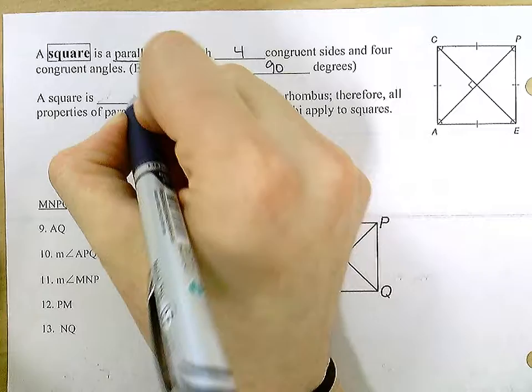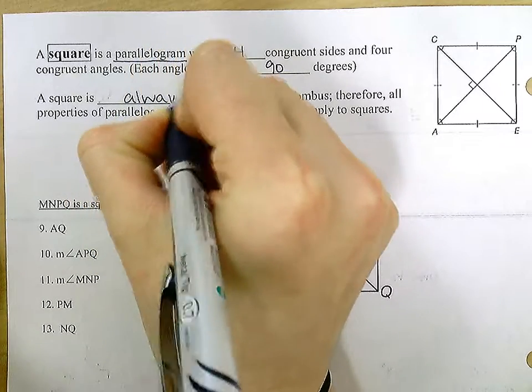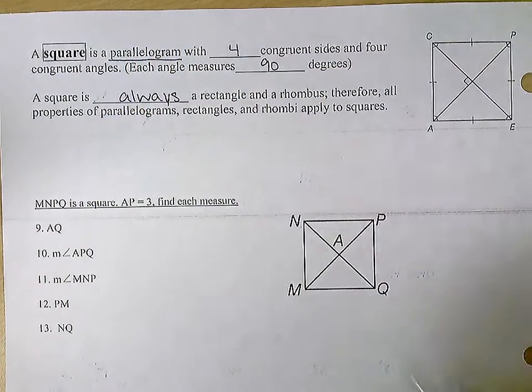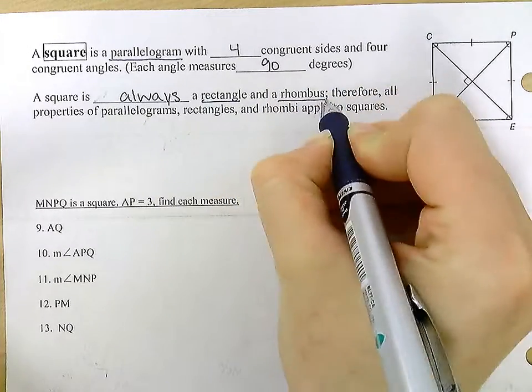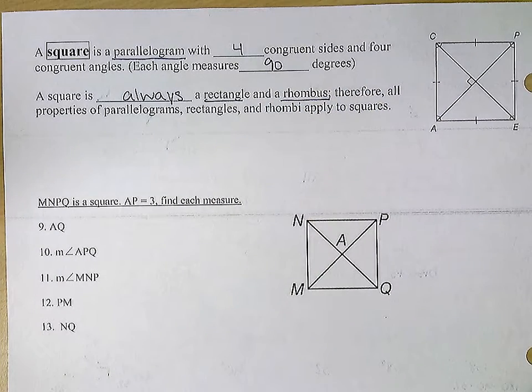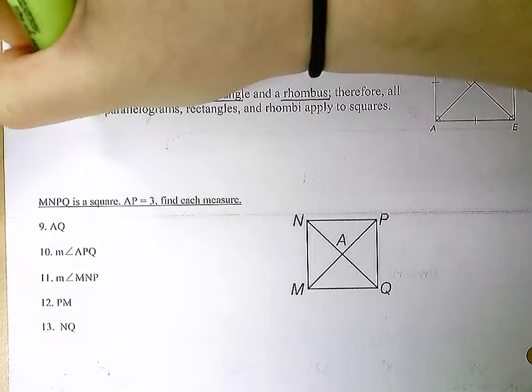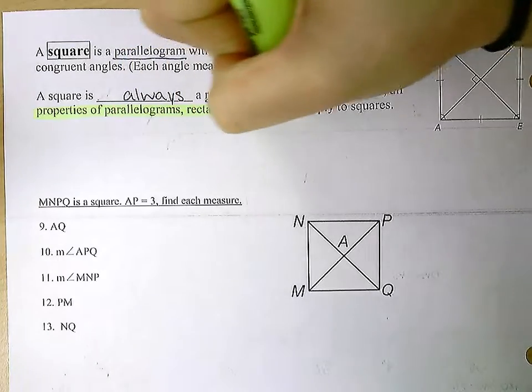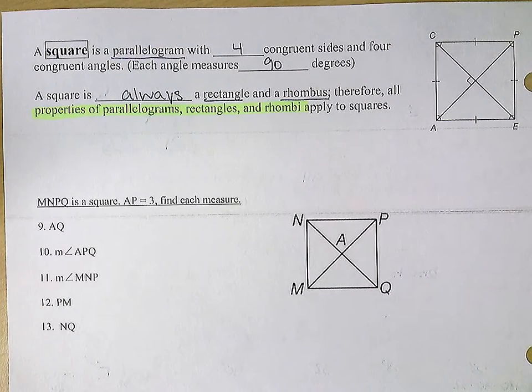A square is always a rectangle and a rhombus. Therefore, it has all the properties of a parallelogram, a rectangle, and a rhombus. So all the properties that we have gone over for parallelograms, rectangles, and rhombi apply to this square.